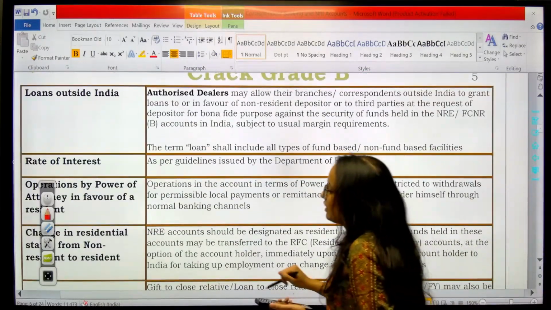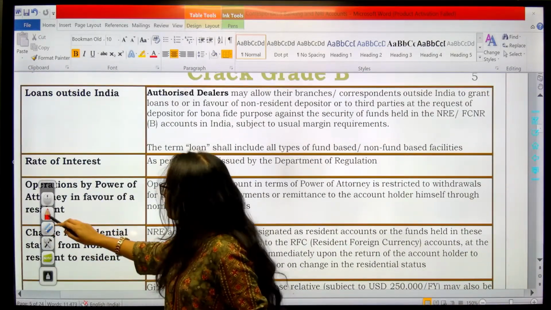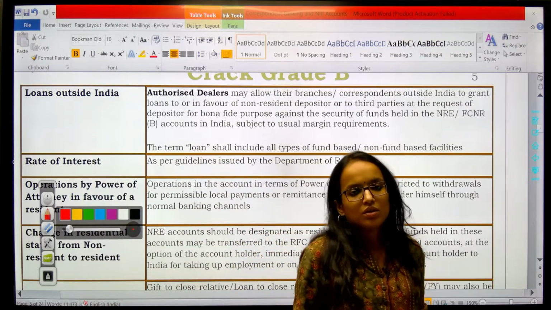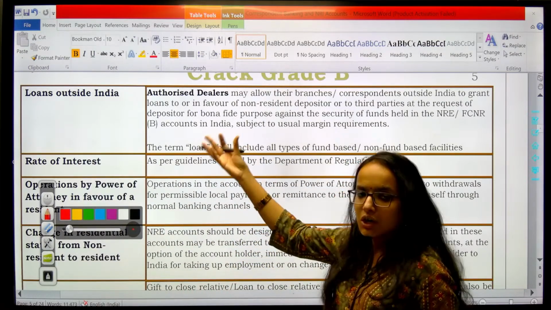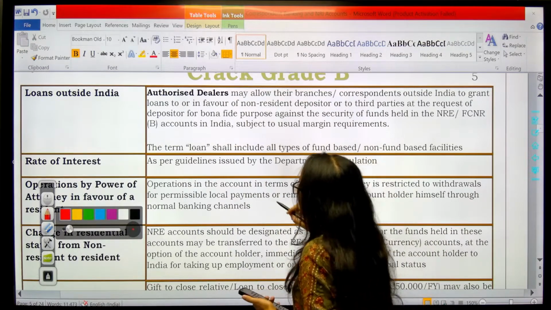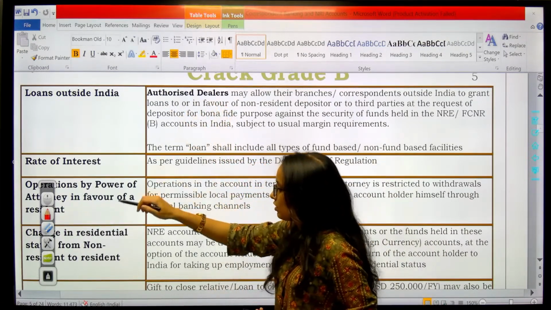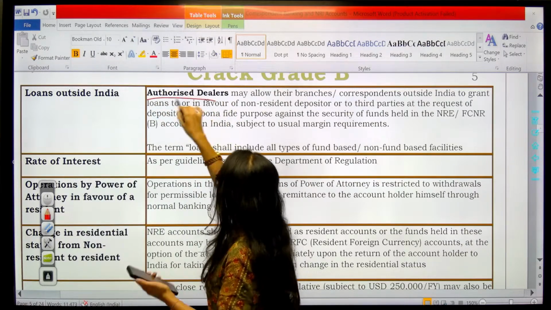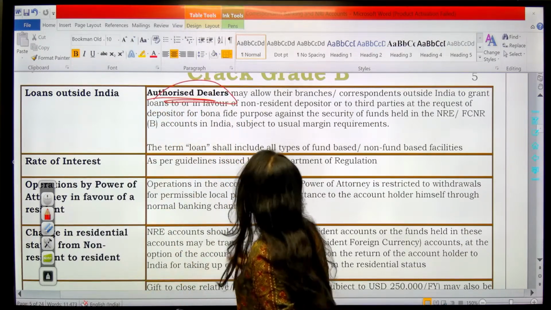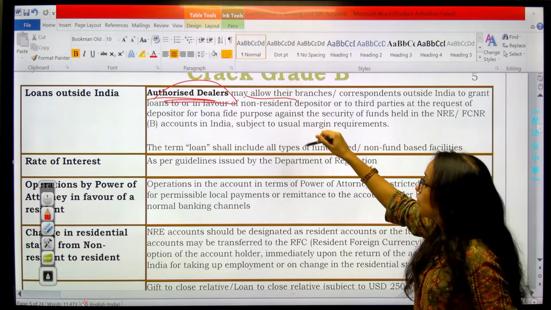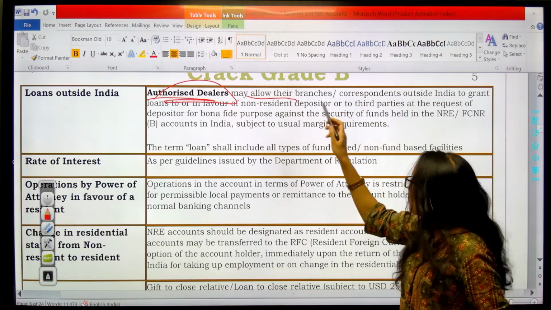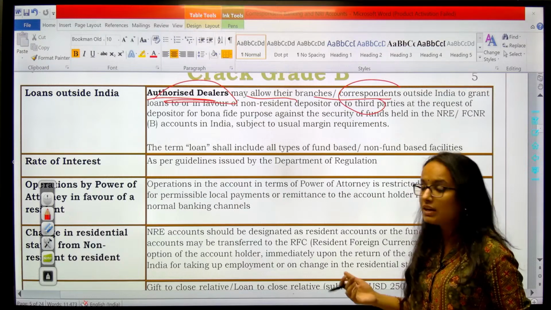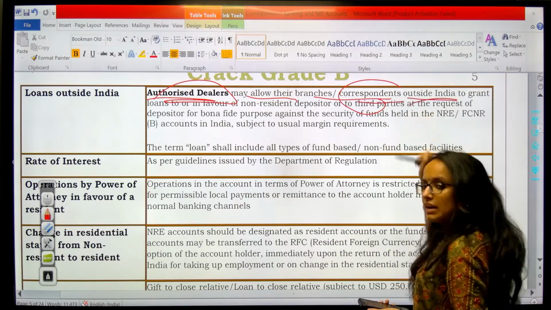Loans outside India. So what can the NRI account holder do with regard to loans outside India? Authorized dealers, the banks or institutes authorized by RBI to do these things, may allow their branches abroad or correspondents, as we call, correspondent banking we have studied, right? Correspondent outside India.